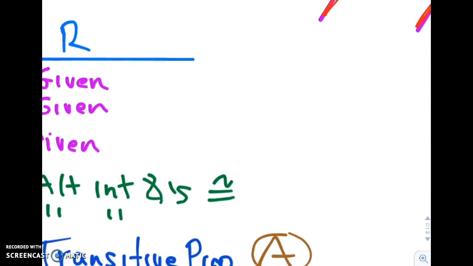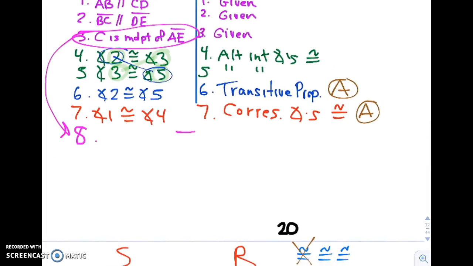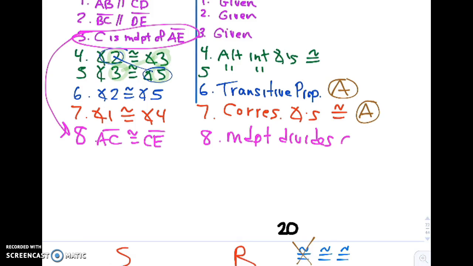AC and CE are congruent. AC is congruent to CE because a midpoint divides a segment into two congruent parts or segments.